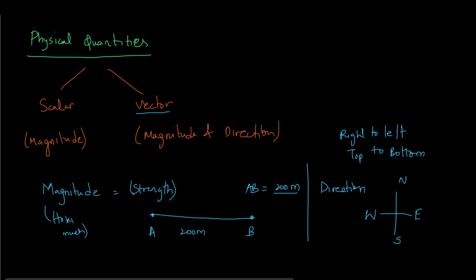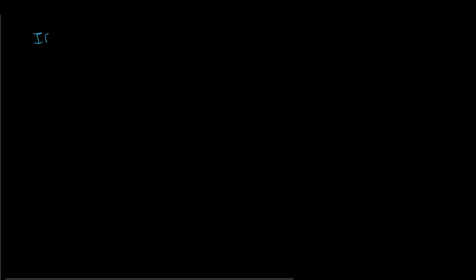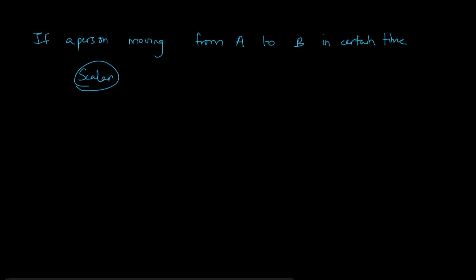So how to identify whether a quantity is scalar or vector? If I specify that a person is moving from position A to position B in a certain time, here nowhere I mentioned the direction, so I say this is a scalar quantity.